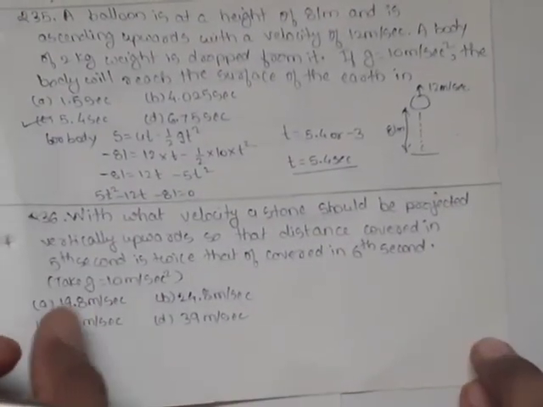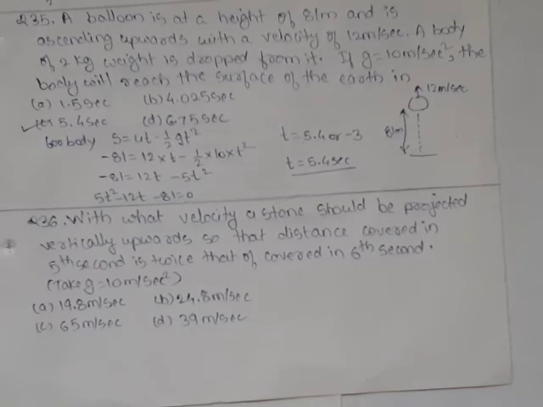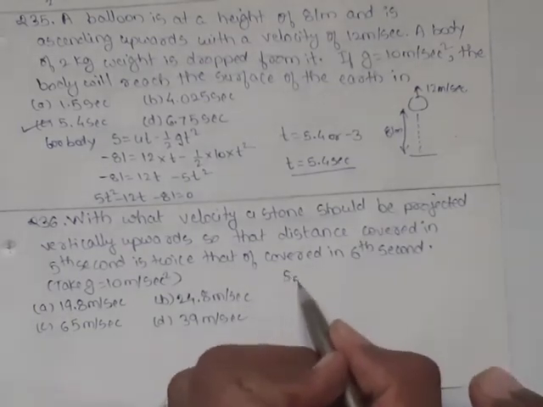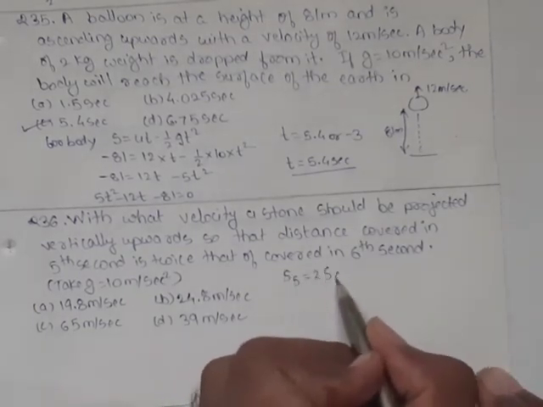Now question 36. With what velocity should a stone be projected vertically upward so that the distance covered in the 5th second is twice the distance covered in the 6th second? For displacement in the nth second, we generally use the formula Sn equal to u plus a by 2 in bracket 2n minus 1. Here it is said that displacement in the 5th second is twice the displacement in the 6th second.